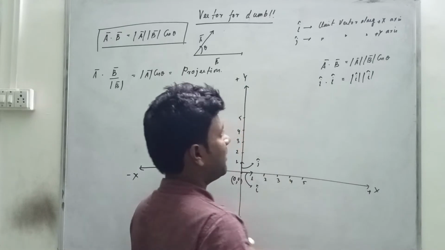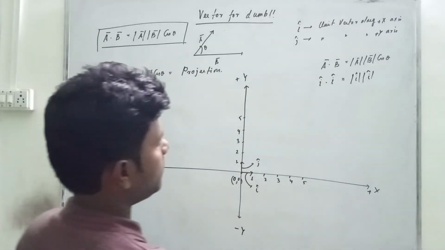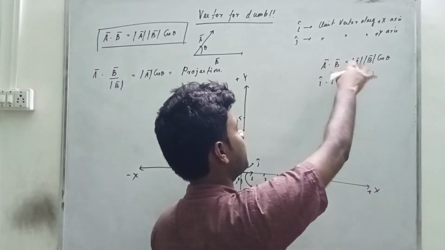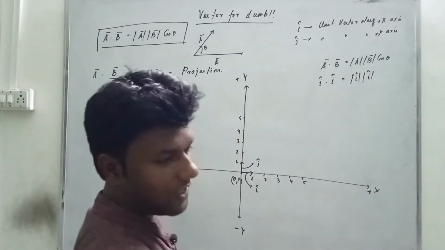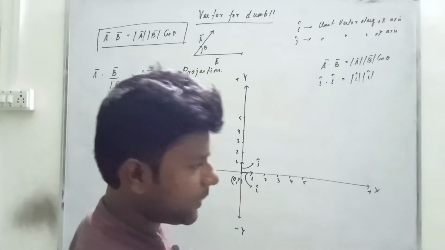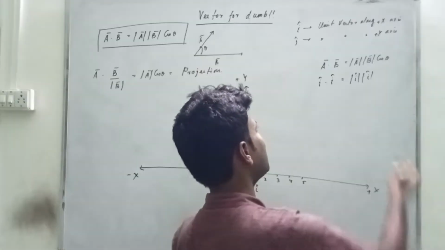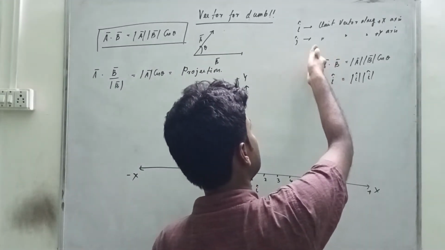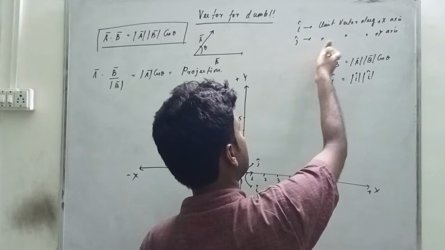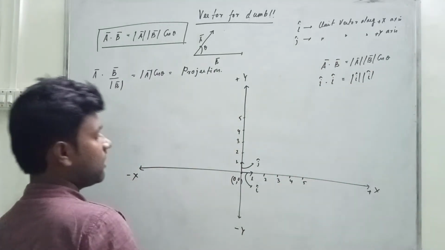Actually, I want to calculate what is the value of I cap dot I cap. Just place I cap here instead of a, and I cap here instead of b.